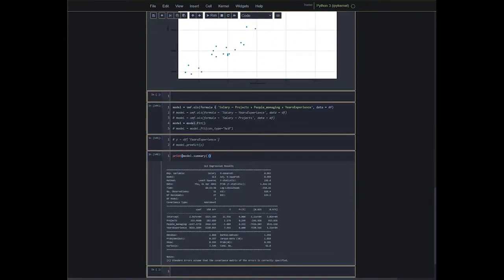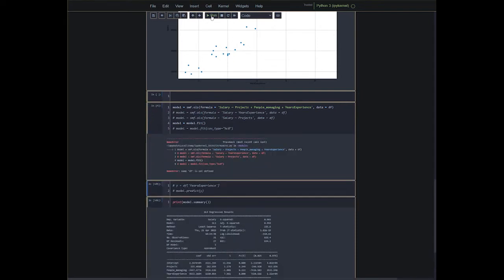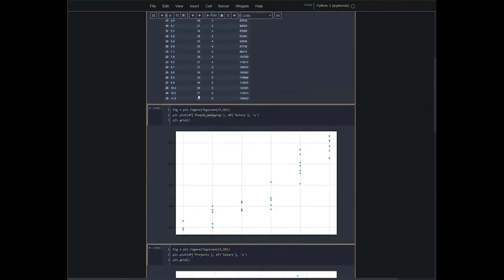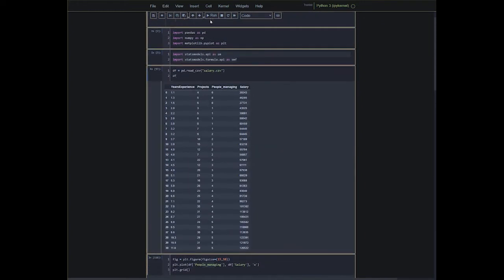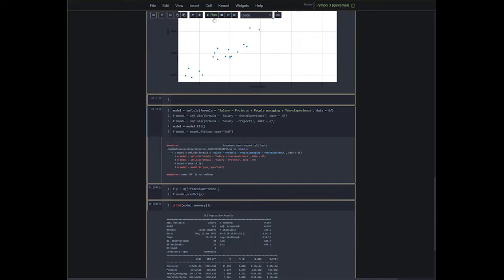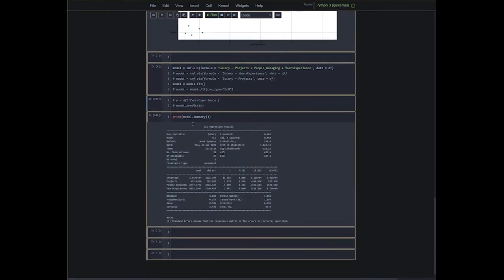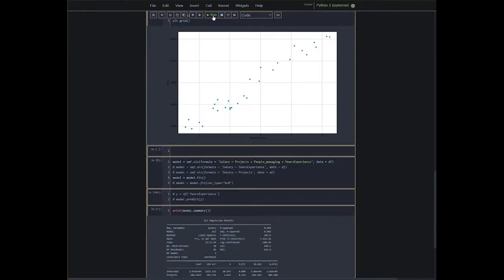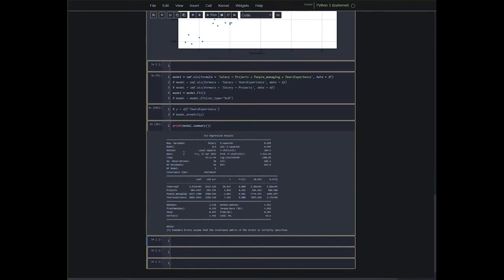Then here comes the summary. Let's run this one first. Okay, I didn't run this one. Let's create the model. Okay, done. And then this is the model summary.